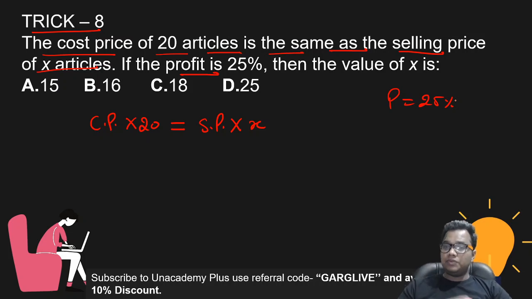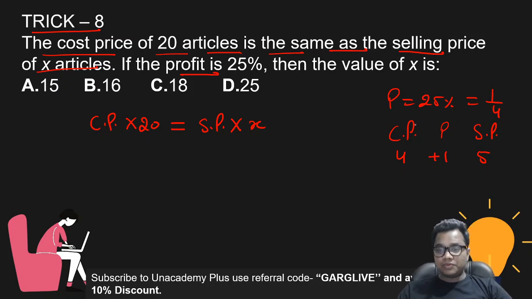If the profit is 25%, what does it mean? 25% means 1 by 4. That means if the CP is 4, then the profit is 1 and the selling price is 5. Or I can say that 25% profit means if the CP is 100, the profit is 25, then the selling price will be 125. Cut this by 25: 4, 1, 5.